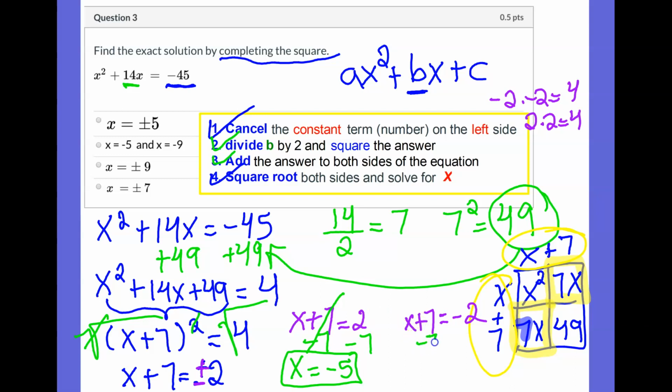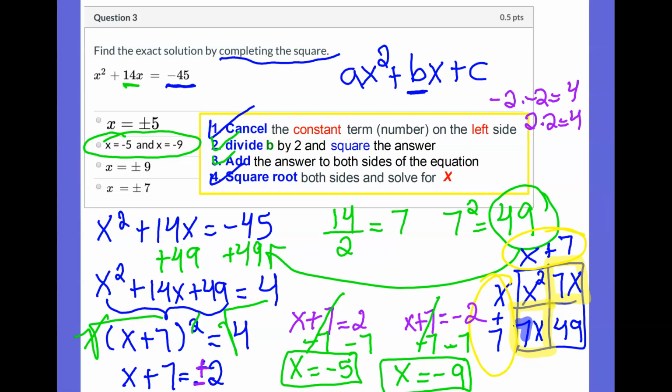I need to subtract 7 from both sides. So 7 minus 7 equals 0. Now I have x equals negative 2 minus 7, which is negative 9. So which one of the answers above is negative 5, negative 9? We have negative 5 and negative 9 on that answer.